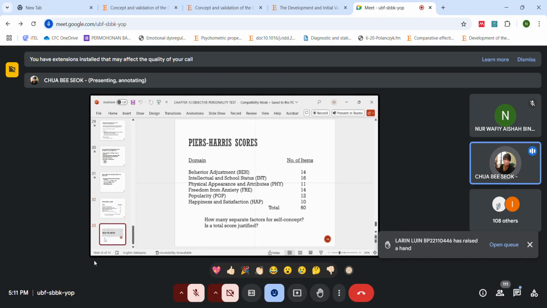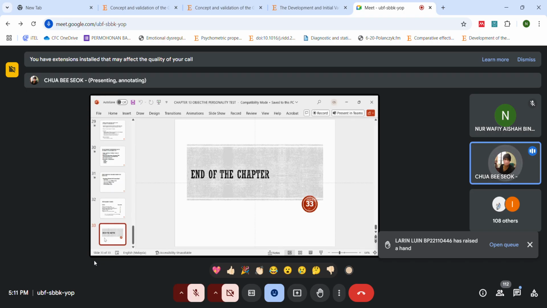Then we also have the sixth domain. So I think this is the last slide. Any questions so far? This is a very simple conceptual chapter, not difficult for you to understand.